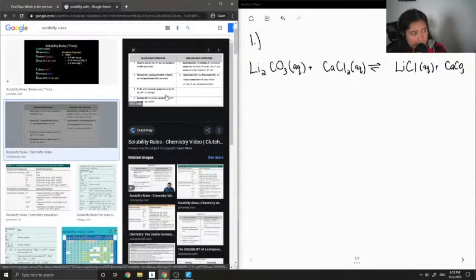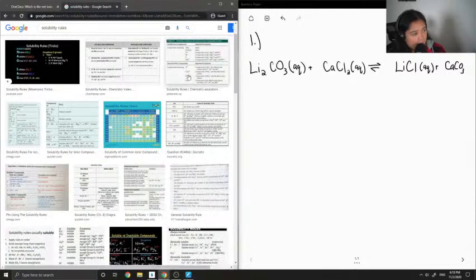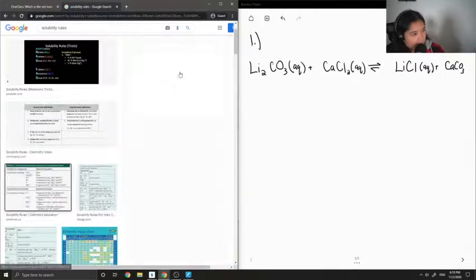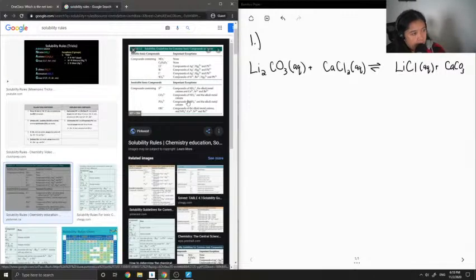Compounds that contain carbonate are insoluble except when they're bonded with NH4+ and the alkali metal cations.